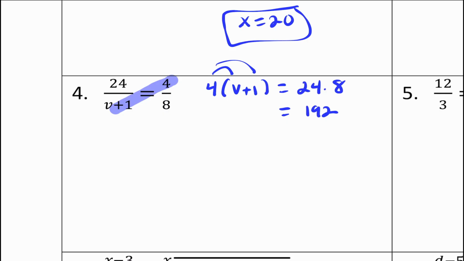And then I'm going to distribute the 4 to each term. So I have 4v plus 4. I'll subtract both sides by 4, just so I can get that 4v by itself. So I'm left with 4v equals 188. Now, you divide both sides by 4, you get 47.